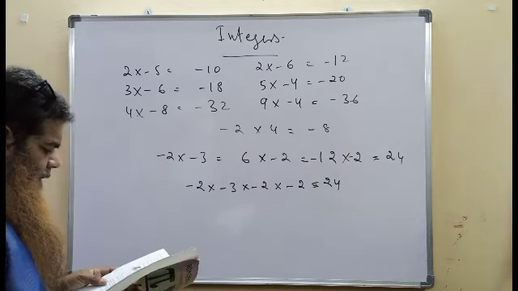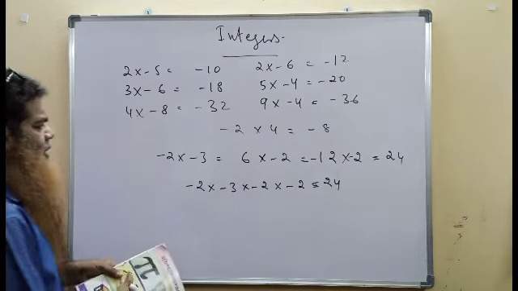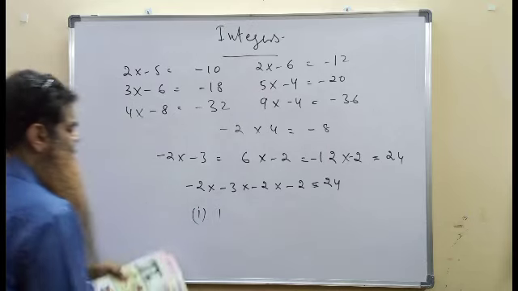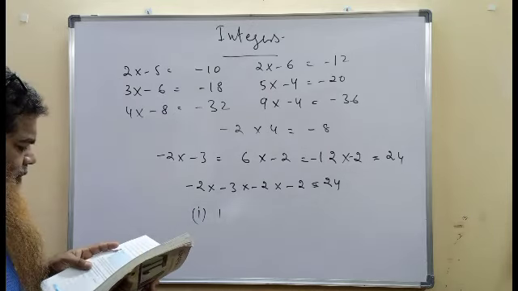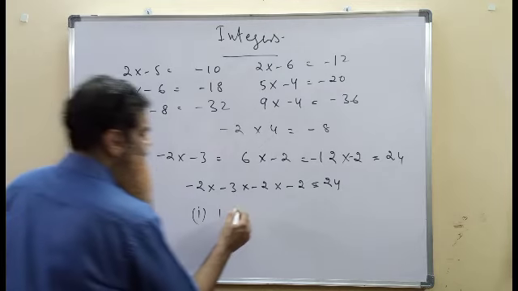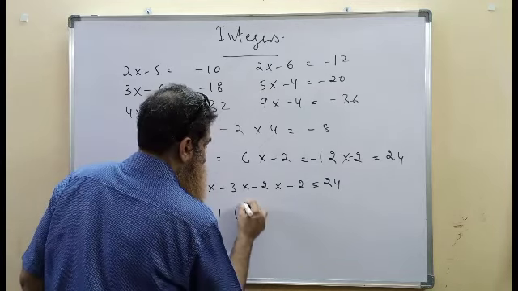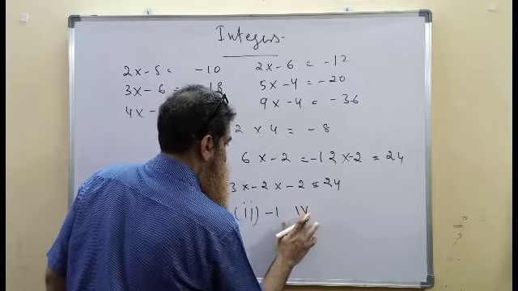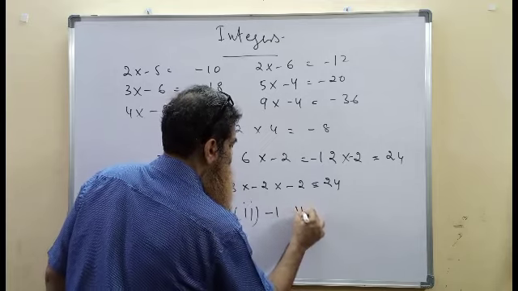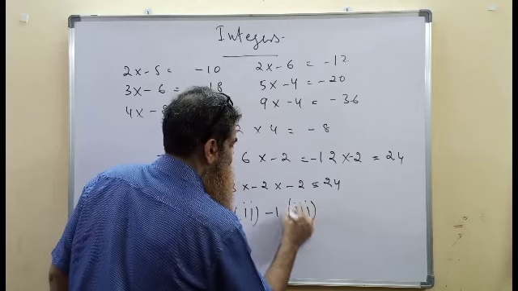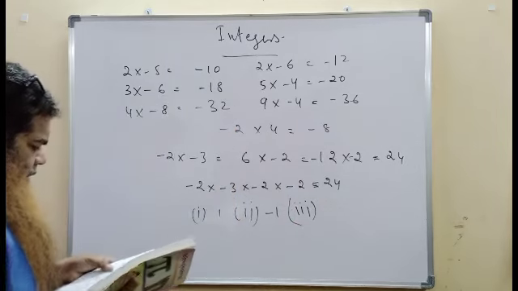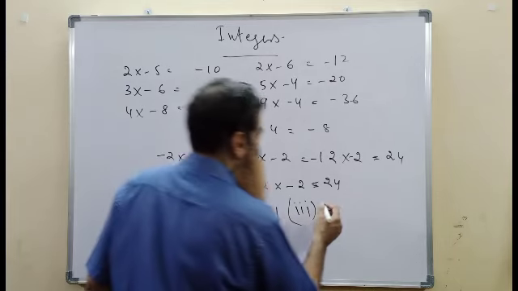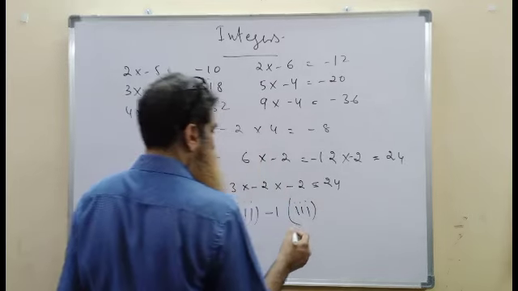Try this. Minus 1 into minus 1 is 1. Minus 1 into minus 1 into minus 1 is minus 1. There are three negative numbers multiplied with each other, so we get a negative integer as the result. The third: minus 1 into minus 1 into minus 1 into minus 1. There are four, 4 being an even number.